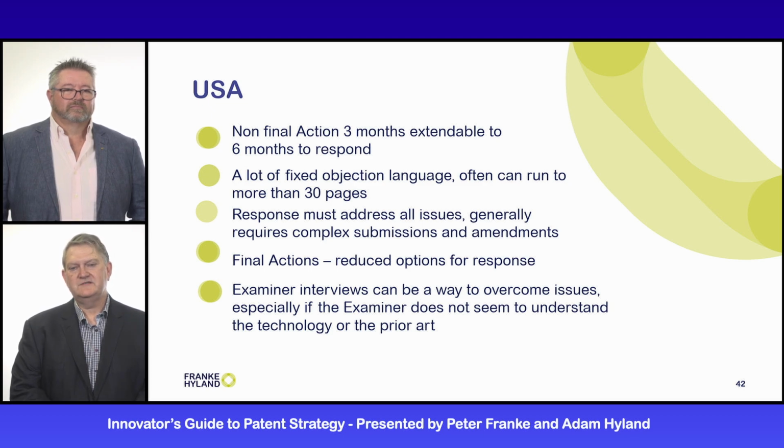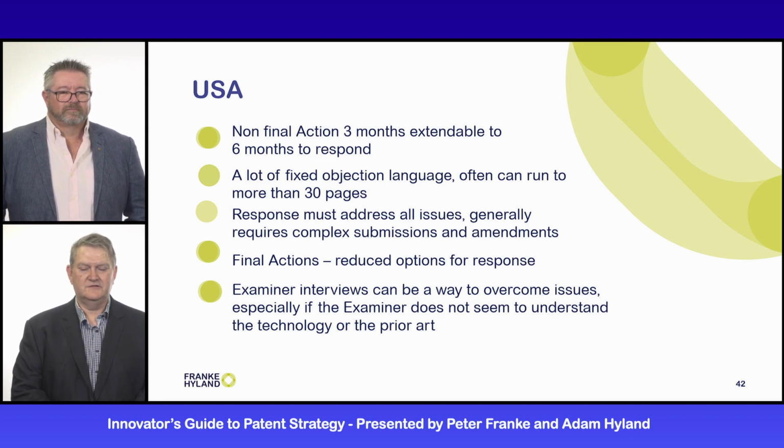Now, all the way along this process, you can hold an examiner interview, which tends to be a reasonably formal process, and that can be a pretty effective way to move things forward. But the most important thing about a final action is it's not final at all. It's just final in this little piece of the cycle of prosecution. So it's just that the examiner's not going to be as responsive as he was, or he or she was.